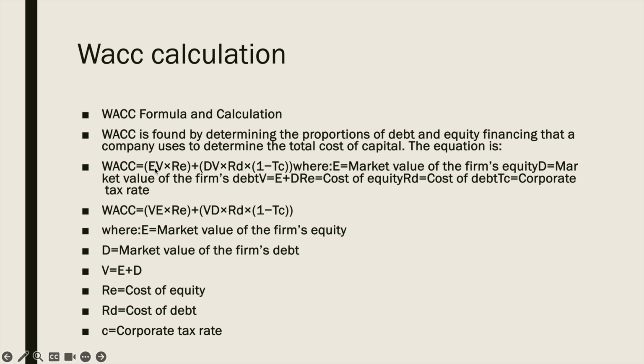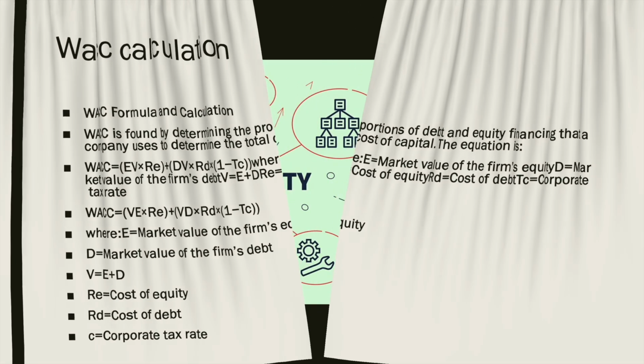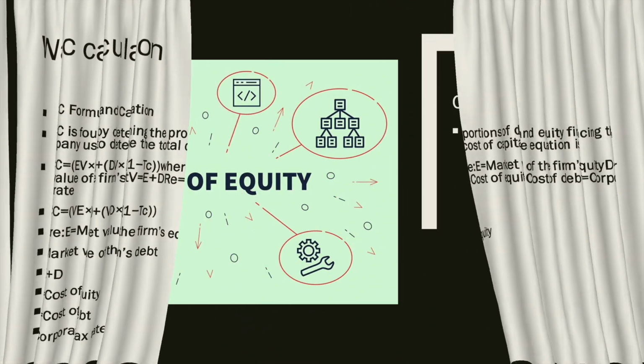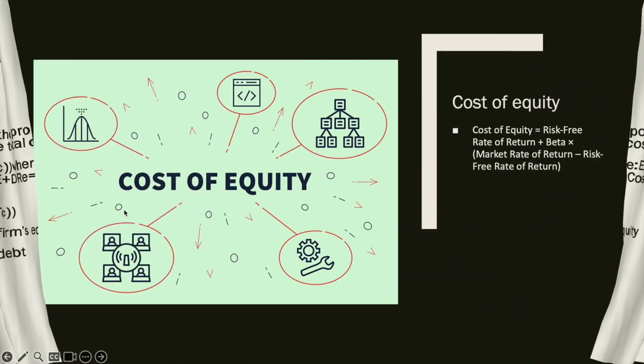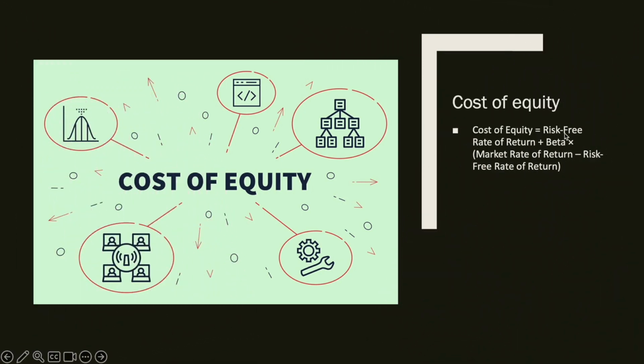To calculate the cost of capital, we need to move to the other slide, actually the cost of equity. So here you go, the cost of the equity. The cost of the equity is the risk-free rate plus the beta multiplied by the market return minus the risk-free rate of return.